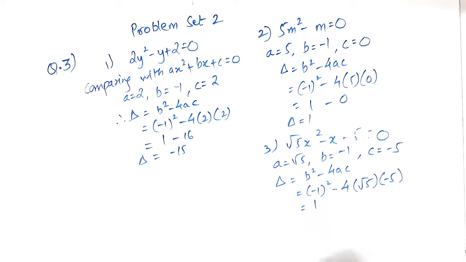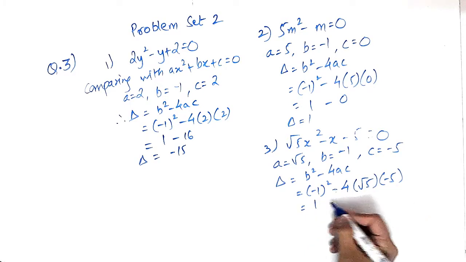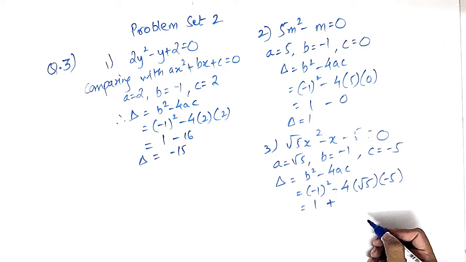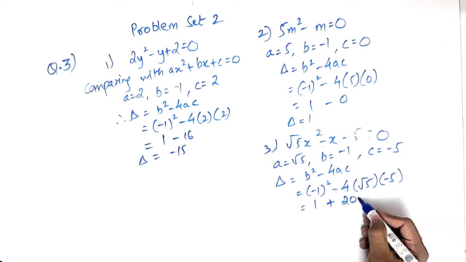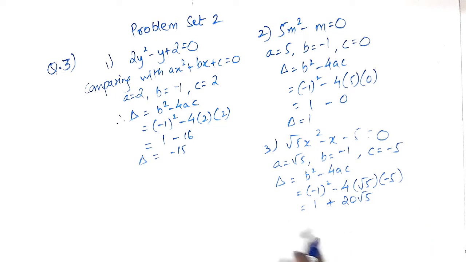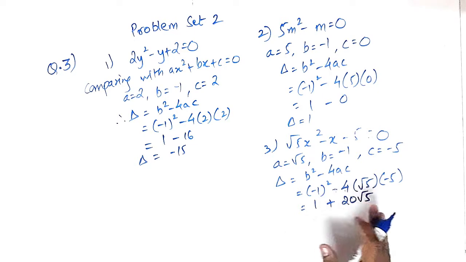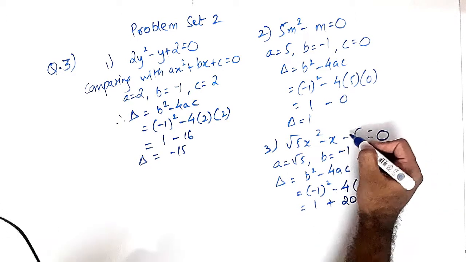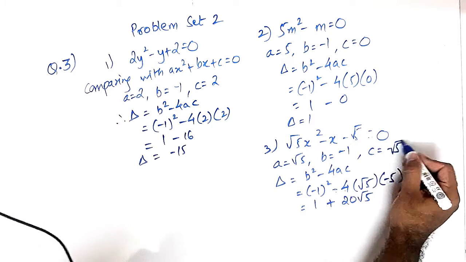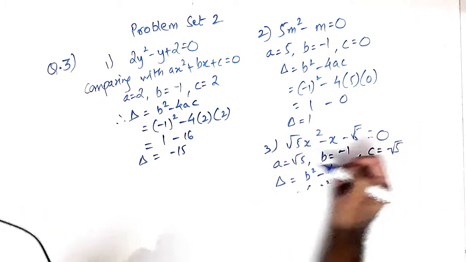Minus 1 square is 1, minus into minus is plus. Okay, 4 5s is 20, 20 root 5. 1 plus 20 root 5. Just a moment, I have not written the question correctly, so I'll write it correctly. This is minus root 5. Okay, so I'll do this again.